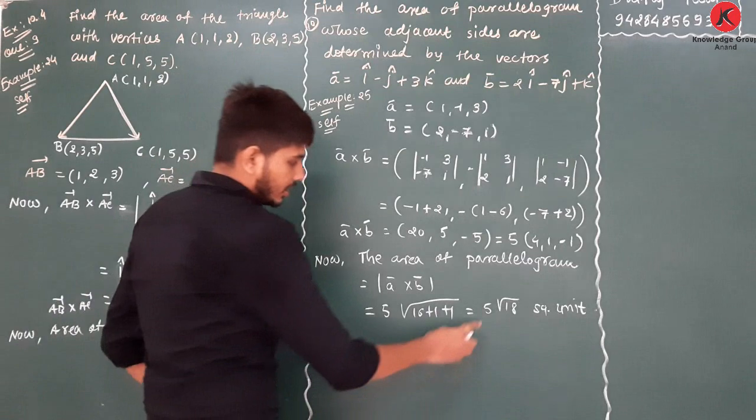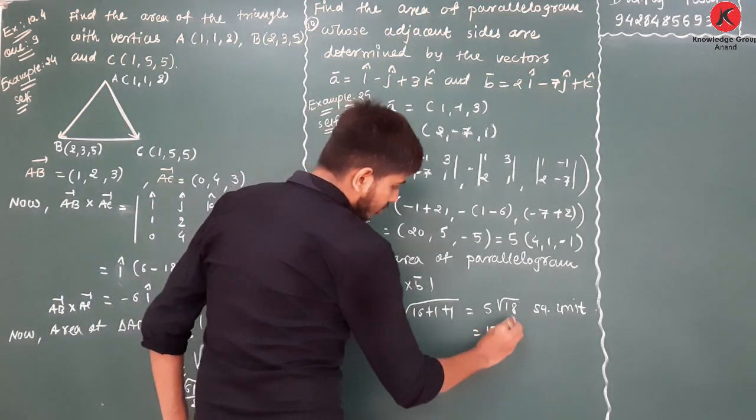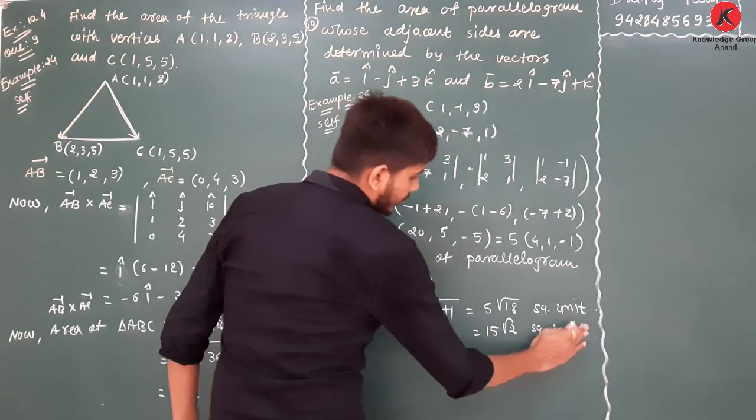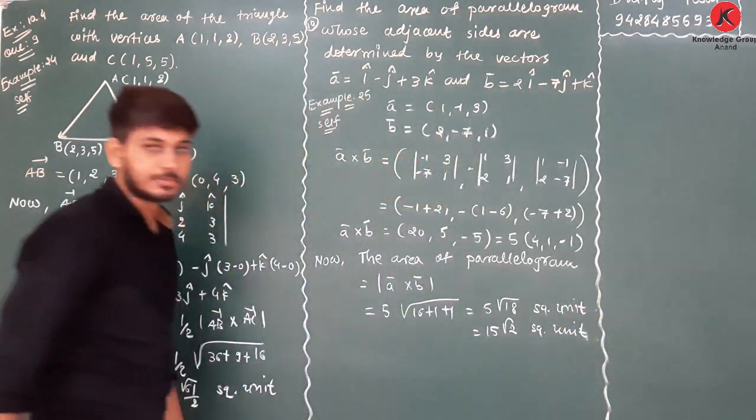So 3 into 5 is 15 root 2 square unit is the area of the parallelogram. Clear?